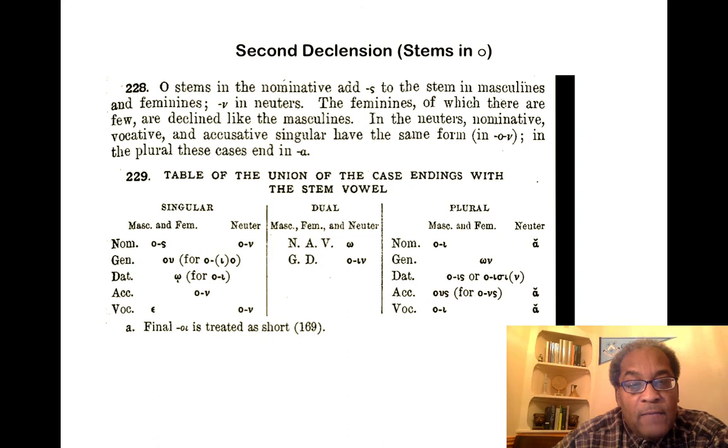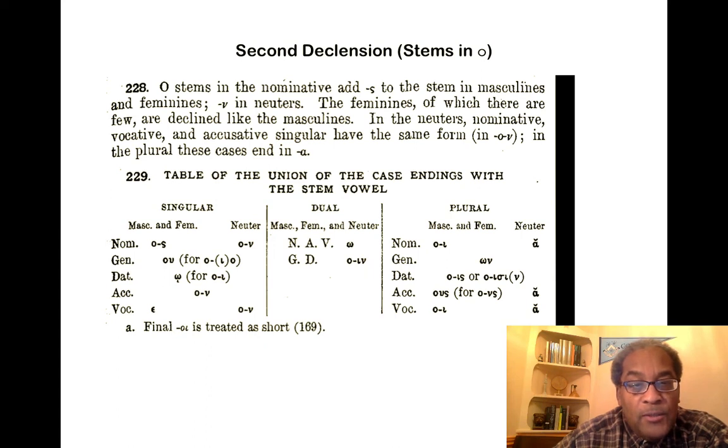And in the dative, you have omega with the iota subscript. So the genitive and dative singular are the same across masculine, feminine, and neuters.